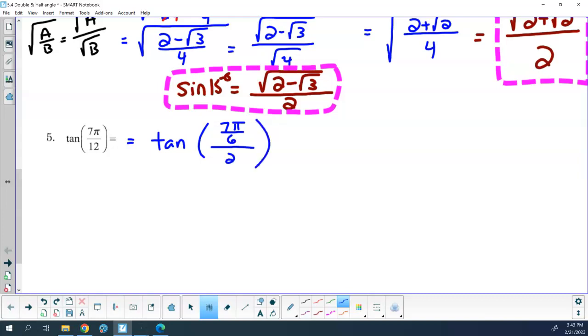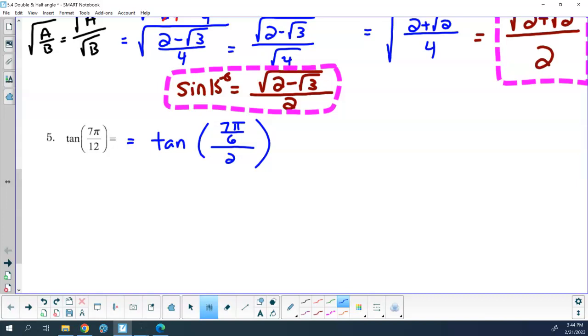If you see the pattern, you just divide the denominator by 2 to find what the half of it would be. So then now you've got your choice. Well, we could do the radical, 1 minus the cosine over 1 plus the cosine, but then I'm dealing with a radical. Not necessarily too keen on that one.